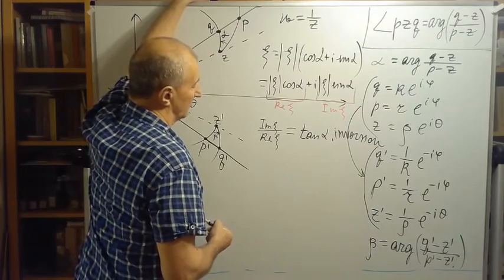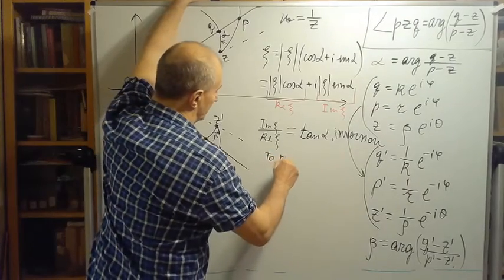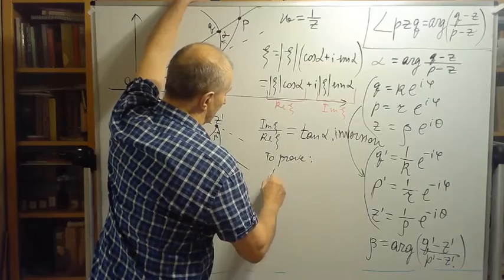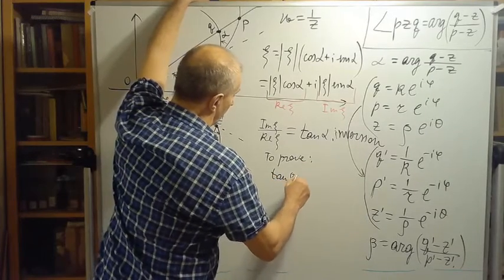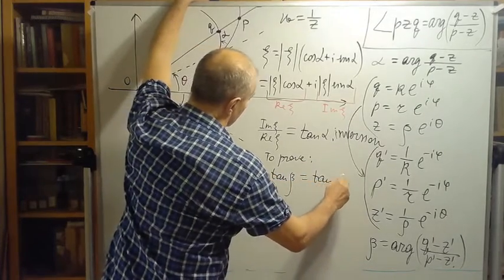So what we are going to prove is that tangent beta will be the same as tangent alpha.